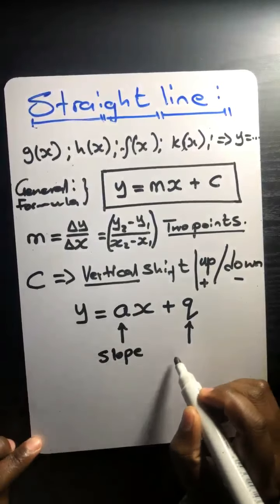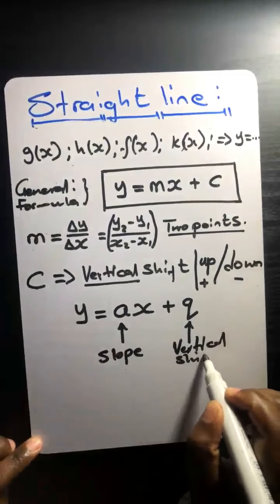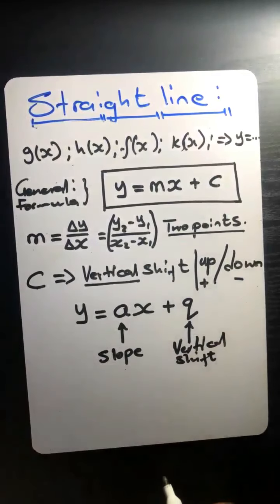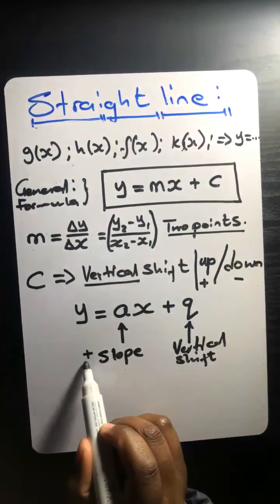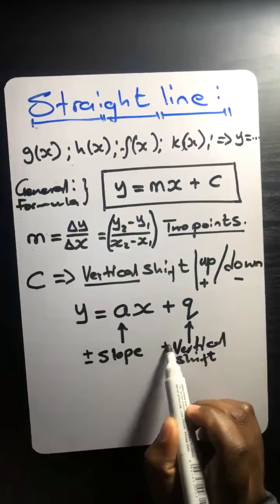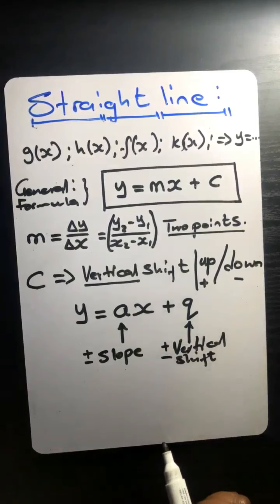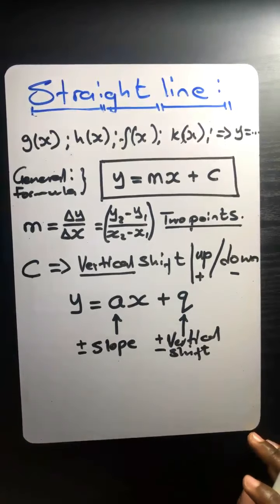There, we talk about vertical shift. So, guys, it's very important that you fully understand that part. And most importantly, remember, you can either have a positive or a negative slope. You can either have a positive or a negative shift. Massively important that you fully understand those.